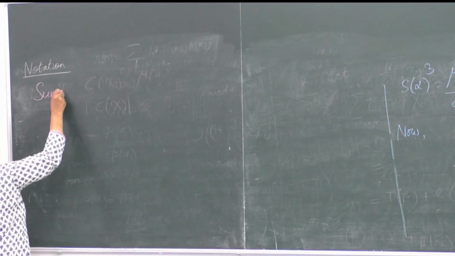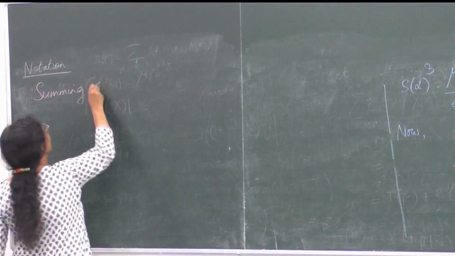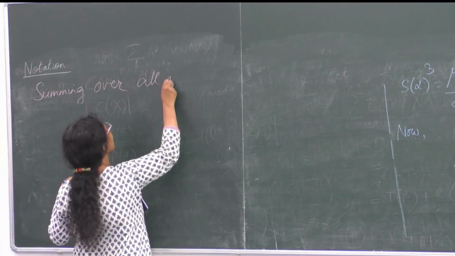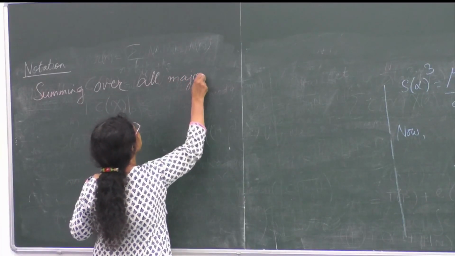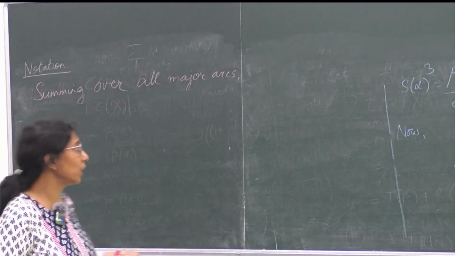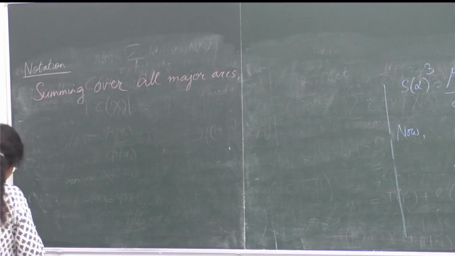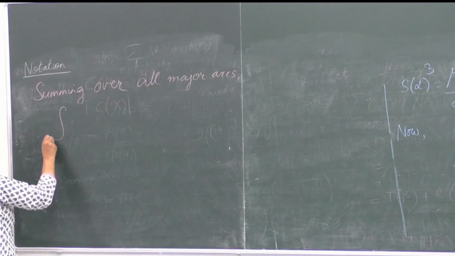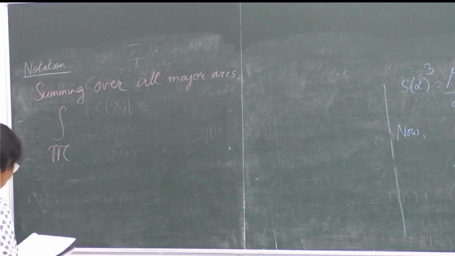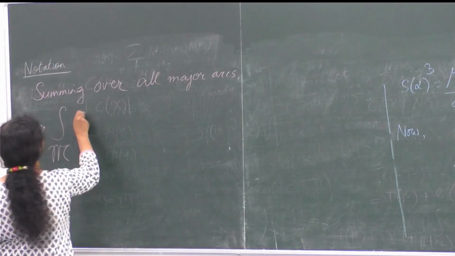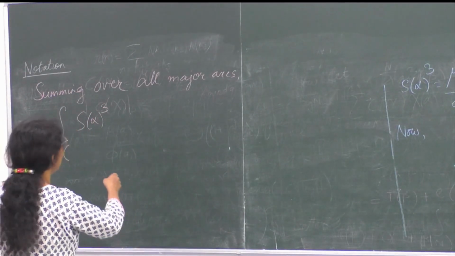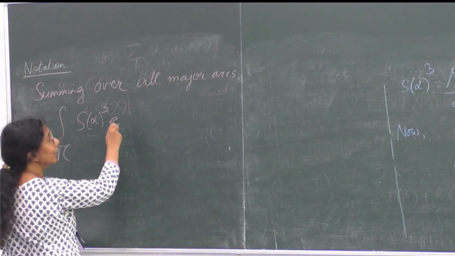So summing over all major arcs, because I have to sum over them all. It's not enough to take it over one major arc. Then my integral becomes, over all m, S alpha cubed exponential minus n alpha d alpha.